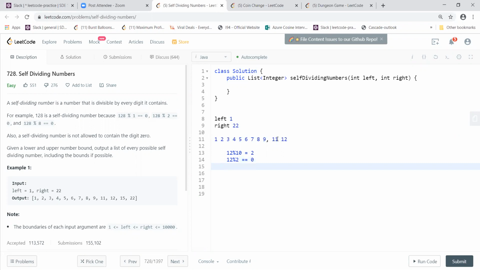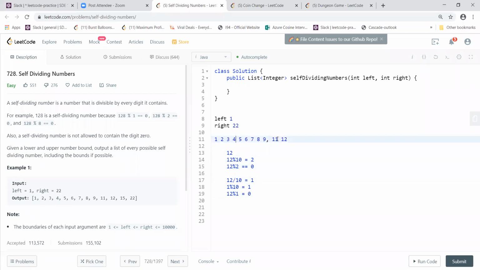I do the same with the other digit by dividing 12 by 10, which will give me 1. In this case I don't have to do the modulo 10 again. It will be 1, and then I divide by 1, and the remainder is 0. So I can easily say that this number is a self-dividing number. I'm just giving an example of how to find 12 as a self-dividing number.